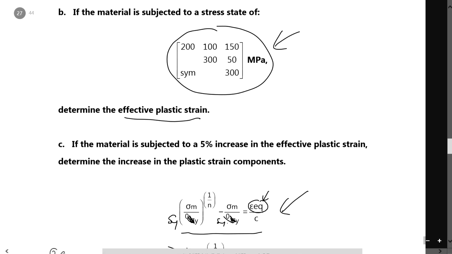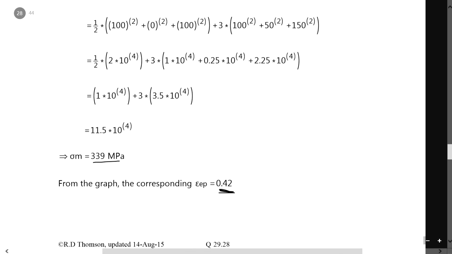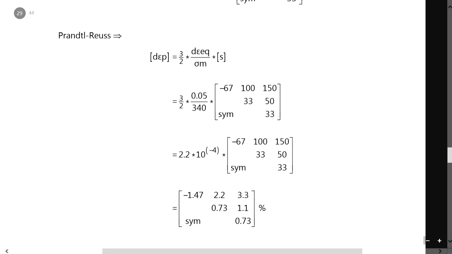Then C is to get a 5% increase in the effective plastic strain. So it's simply what we did last time, but take note of the 5% increment. This means that this term over here is a 5% increment, which is 0.05, because divided by 100 is 0.05.